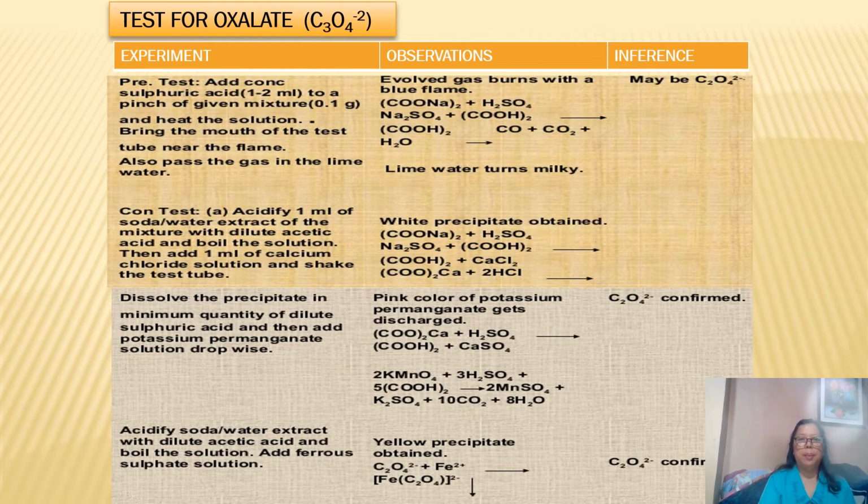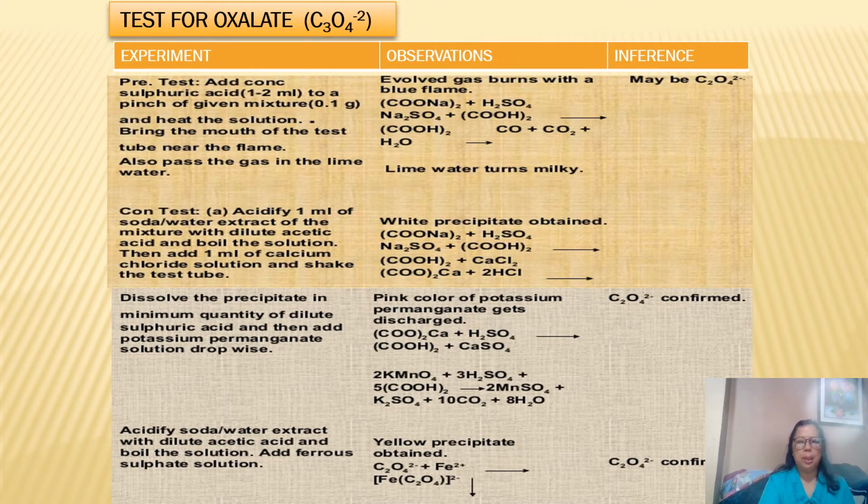Then, if you are going to add potassium permanganate and a pink color is present, calcium oxalate or oxalate is present. And if ferrous sulfate is added and yellow precipitate is produced, then the reaction confirms that oxalate is present.